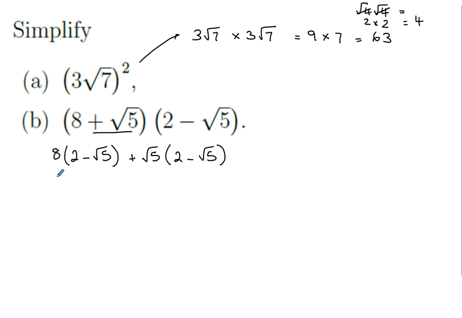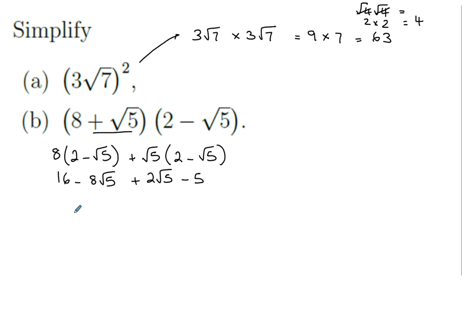Once you've got it in that form, you can see it's just going to flow out. Always write your surd last, just like if it was x, you'd write minus 8x. So here we'd be writing the 2 and then the surd 5, and then always look at that sign. So plus times negative is negative, surd 5 times surd 5 is 5.